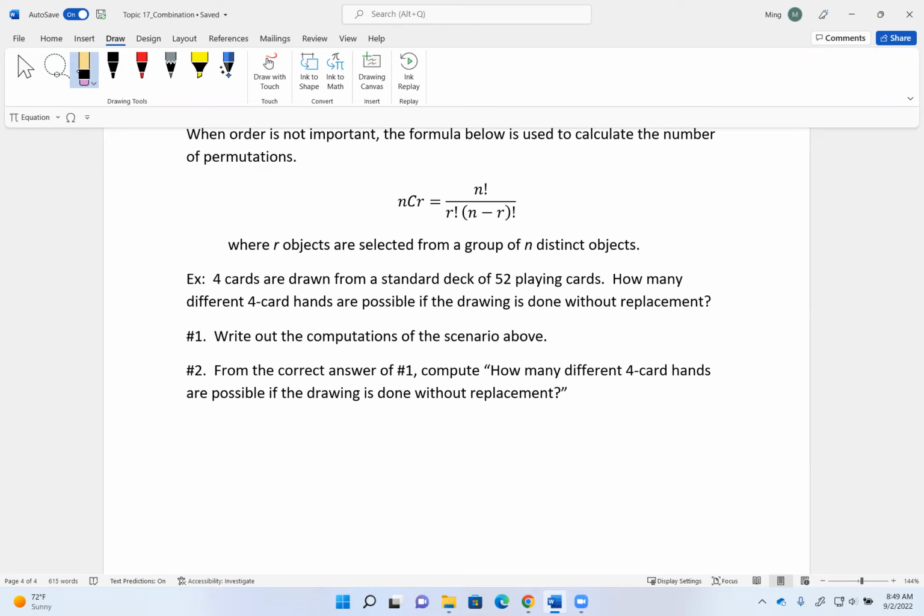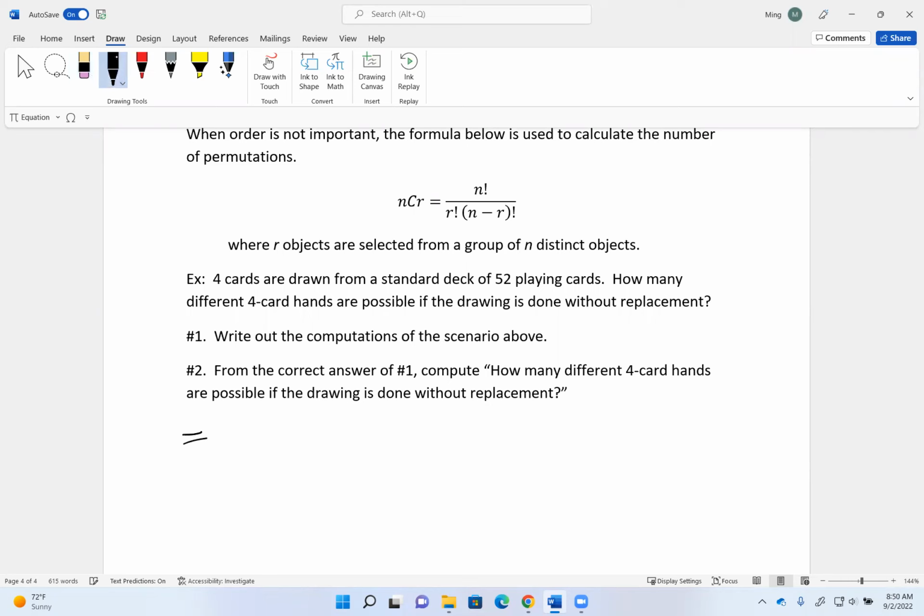When you play the lottery, you're not matching your numbers in order. As long as your 5 numbers match what they draw on TV, then you win. It's not about which number you pick first, second, third, fourth, or fifth. So when the order does not matter, those become combination problems.